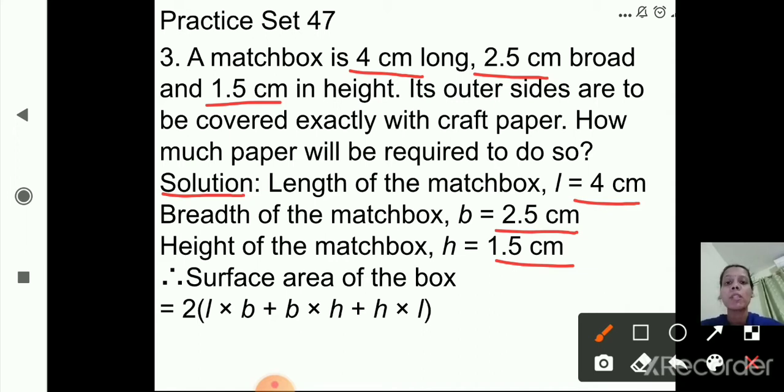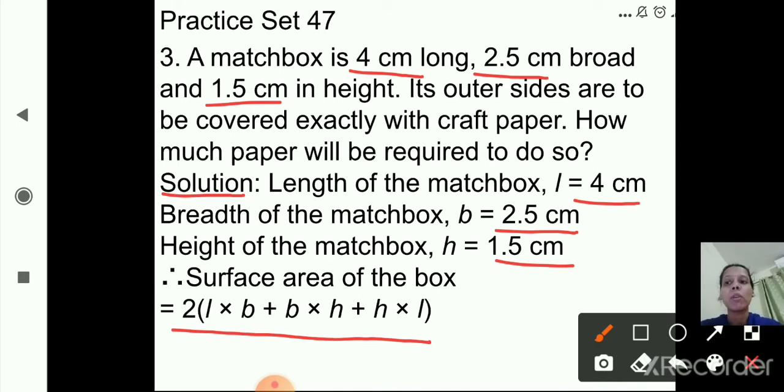Okay, now therefore total surface area of the box is equal to, what is the formula to find the total surface area of a cuboid? Because here length, breadth and height are given, and we know that a matchbox is in which shape? Cuboid shape, right? So we will use the formula, total surface area of the cuboid is equal to 2 outside the bracket, inside the bracket, L into B plus B into H plus H into L. So this formula first we'll write down.